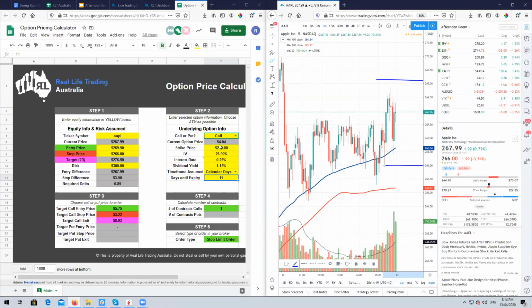So the current option price, it says, is $4.04. I'll just double check that. That's supposed to be 36, I think. Apple, 11 days.